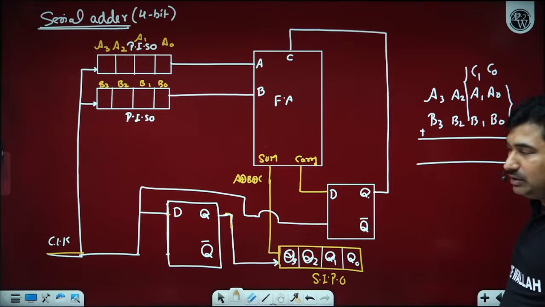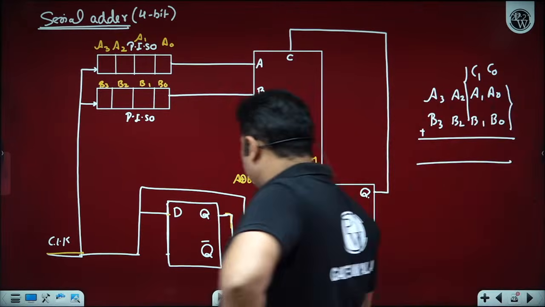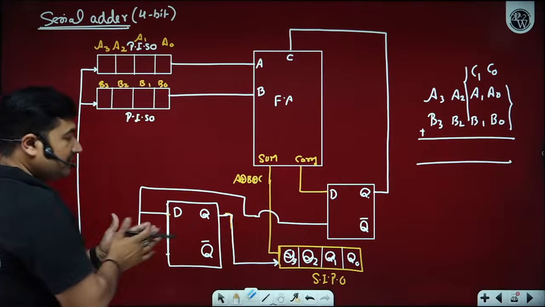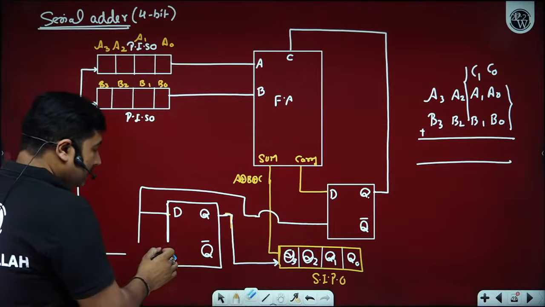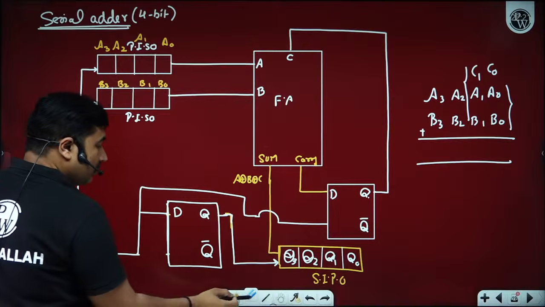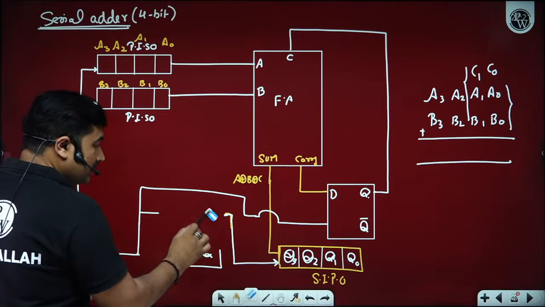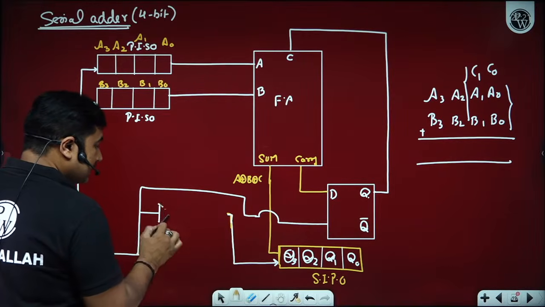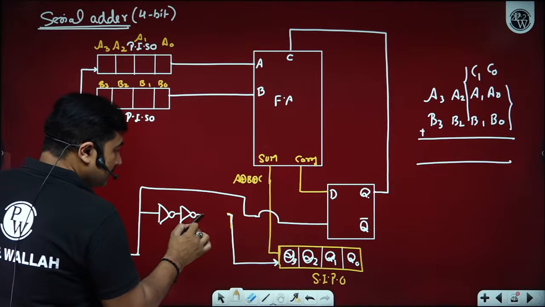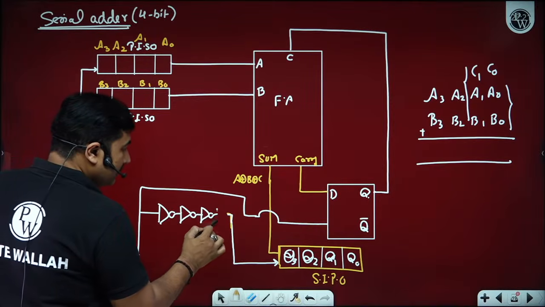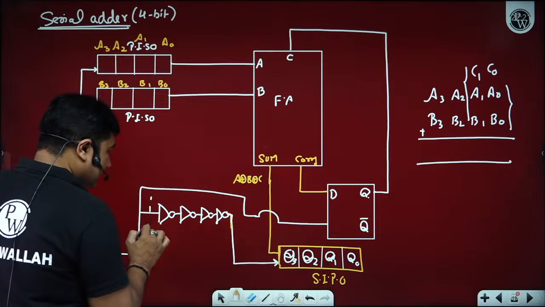How many of you are able to understand? You can even use a delay circuit. If you feel difficulty with how this delay would work, you can use a simple delay circuit as well. You can use a delay flip-flop or a delay circuit.